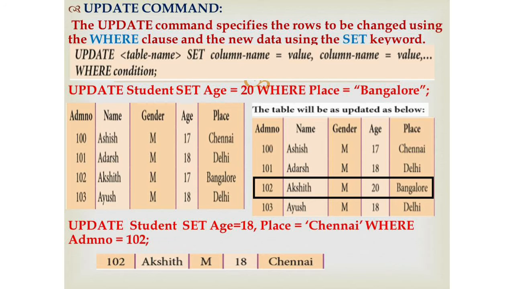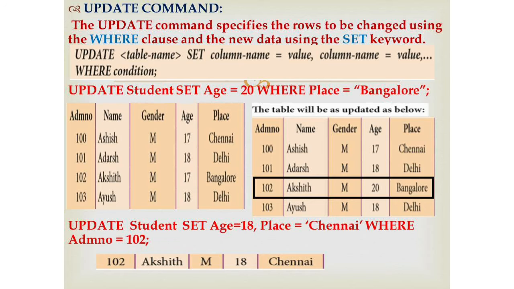It specifies the row to be changed. Which row you are going to change, you have to specify followed by the where clause. Then what new data you are going to give, you have to give after the set keyword.